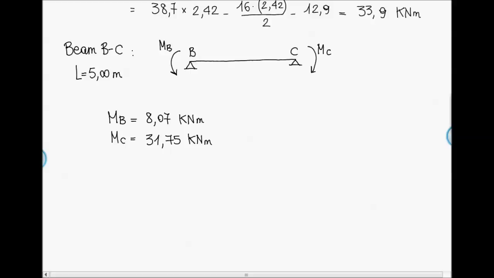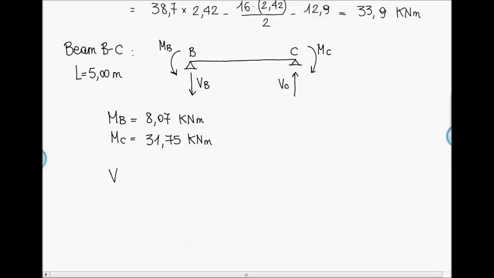So now we have only the contributions due to the presence of the bending moments. So we have VB and VC that are equal.